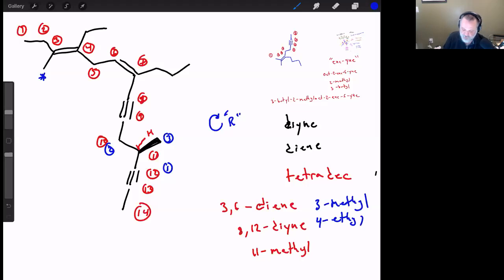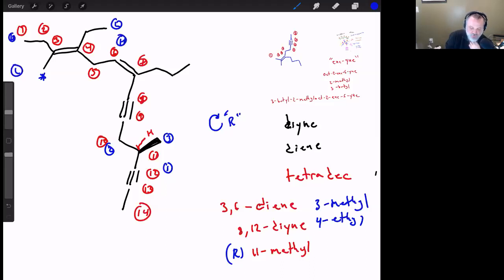But I do have some stereochemistry. So what did we say about this? This methyl group was R. What else do we have to think about? What's the stereochemistry of the double bonds? Are they E or Z? Well, the first double bond, it doesn't matter because we would say that it's trans. So we could just say trans there, or let's go ahead and call it E and Z. So this one is low priority. This one is high priority. This one is high priority.